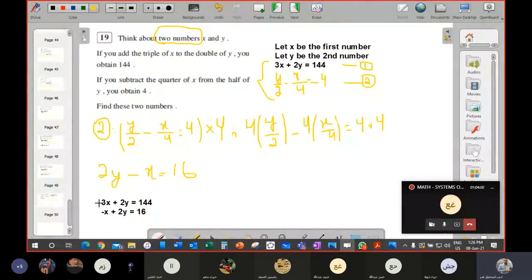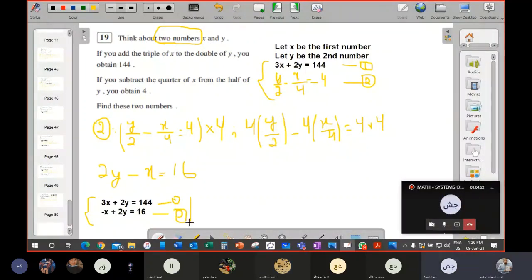And this is the system now. Okay. What do we do here in this system? By elimination.